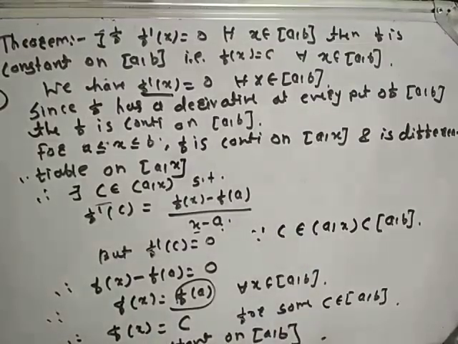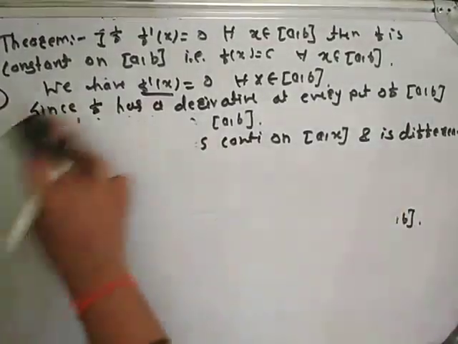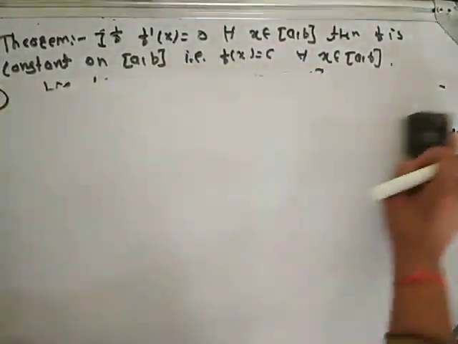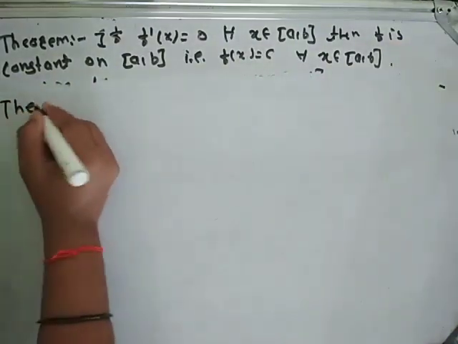So always remember that if the derivative of a function is 0, it means that function is constant. Let us take one more theorem.